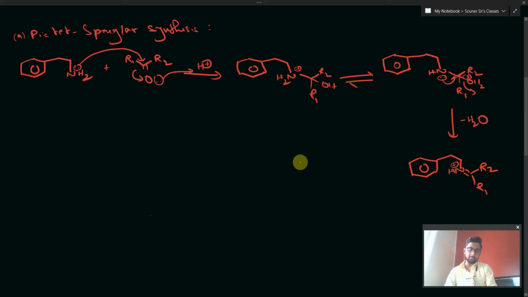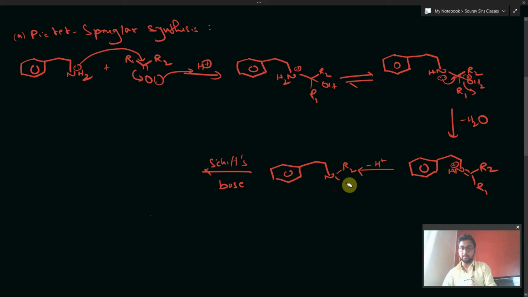Again, H plus would be released from the system, minus H plus, and we would have N, R1 R2. Then we give the system Schiff's base. Again H plus would be added to the system, but now the orientation changes, that is, the cis-trans configuration would have an interconversion.